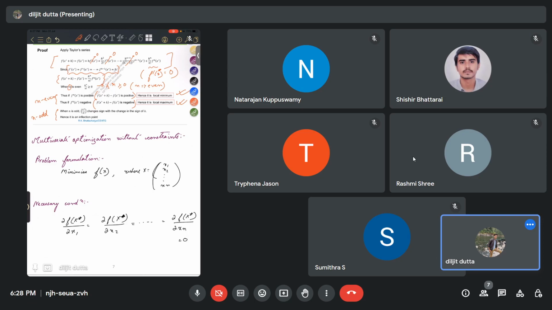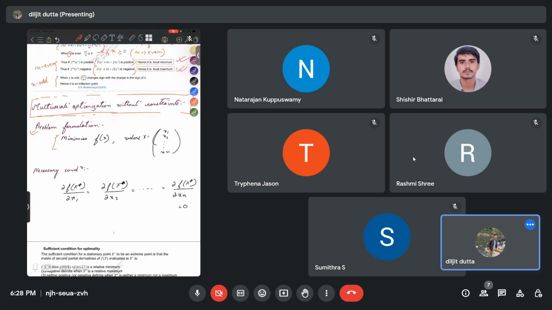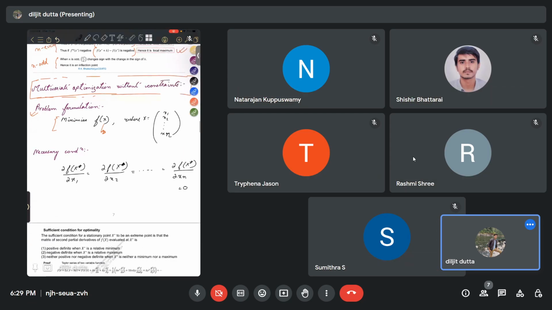The objective function will be defined like this: minimize f of x, where x is not a single variable, it is an array of n variables. So x is equal to x1 to xn, and we have to minimize f of x or maximize f of x. We are not going to constraints now.